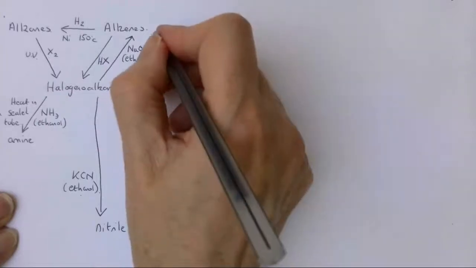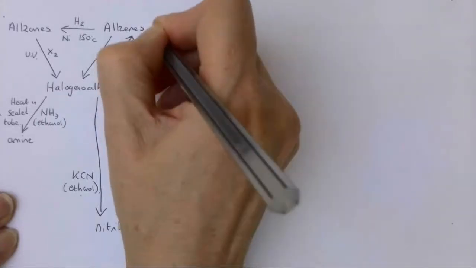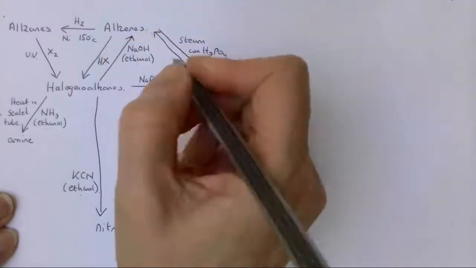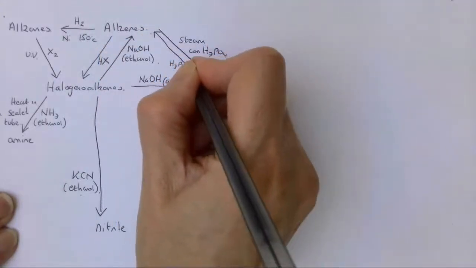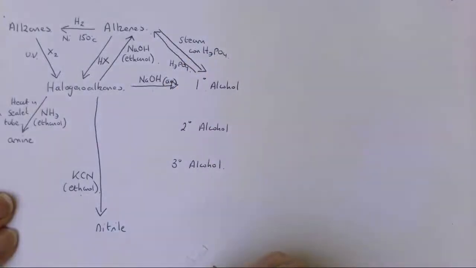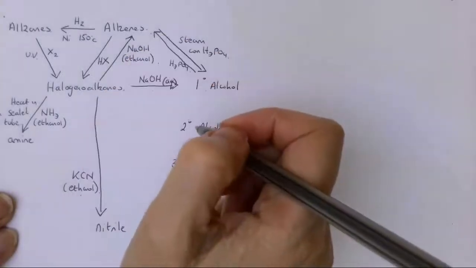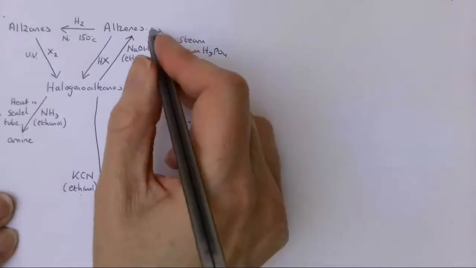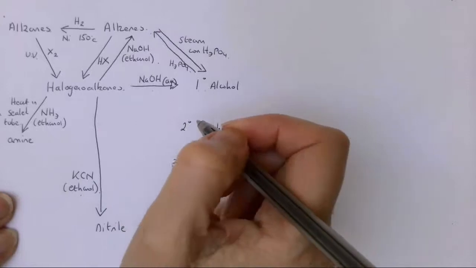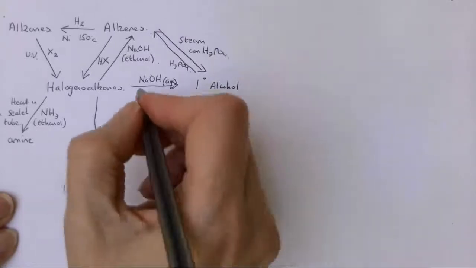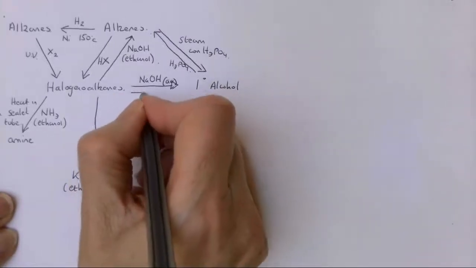This is one of these weird ones, because if I want to turn the alcohol back into the alkene, I just need to add the same H3PO4, but no steam. So that reaction can go either way. Okay, with steam I can turn the alkene into the alcohol, and going the other way I just need concentrated phosphoric acid. I can turn any of these alcohols back into a halogenoalkane.